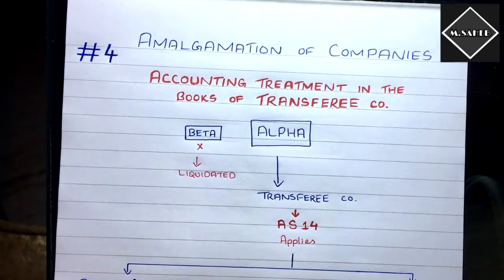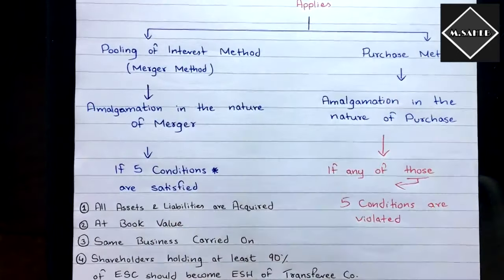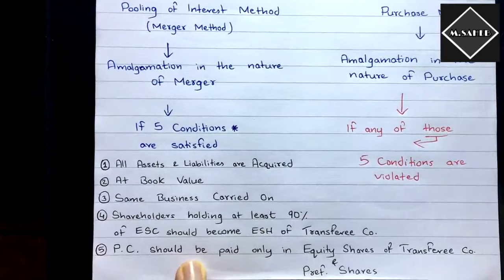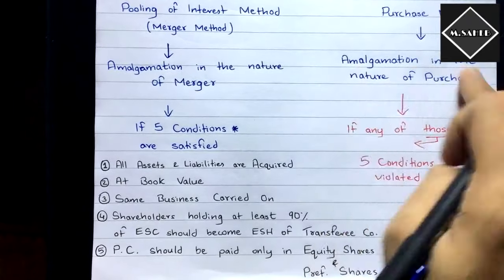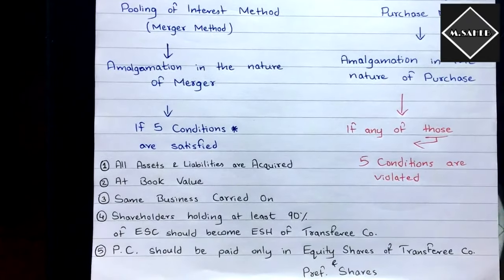Simple as that. If they say in the question debentures are given, bonds are given, or cash is given, then immediately you should come to know that the condition has been violated. It is amalgamation in the nature of purchase.